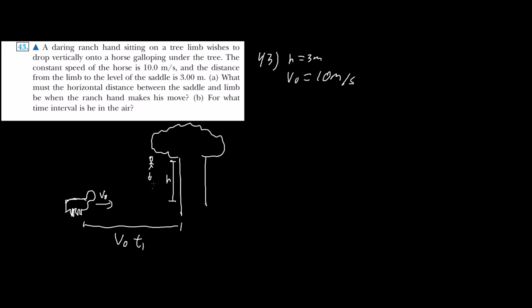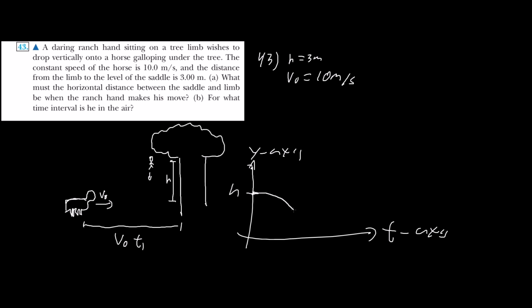That time is the time it takes, if he were to land right at that spot, for this guy to drop from that initial height to that point. So the motion graph has the t-axis and the y-axis, and it's going to drop from some initial position, so it's going to look like this.